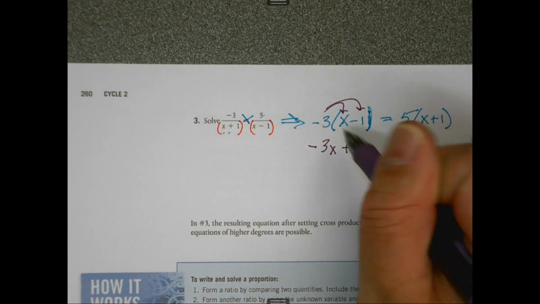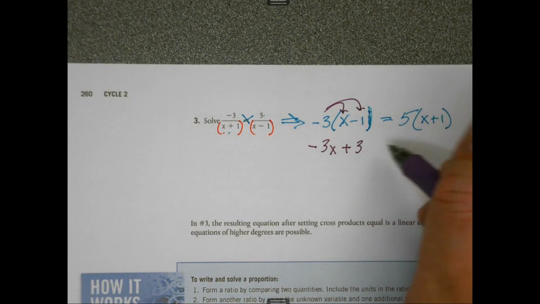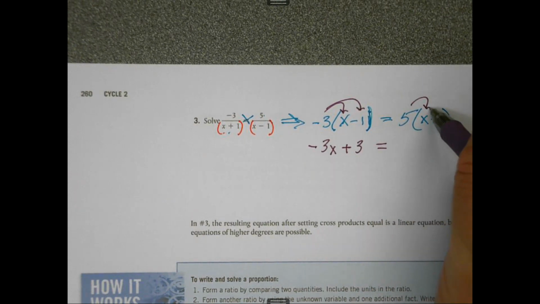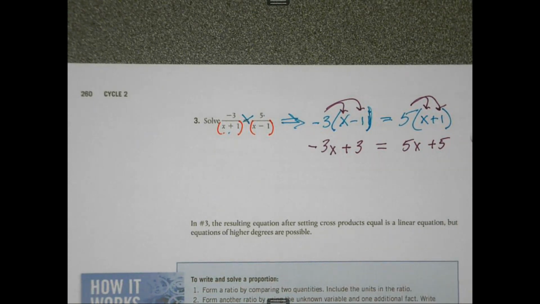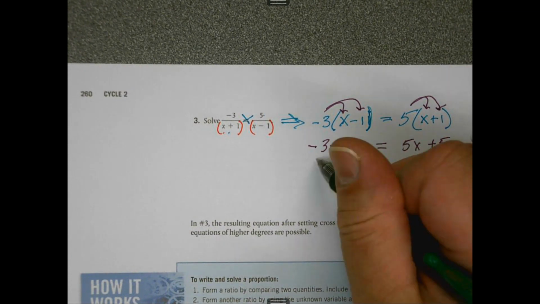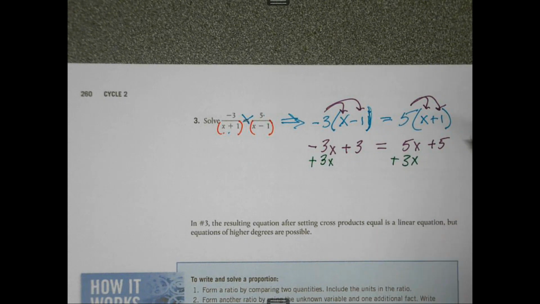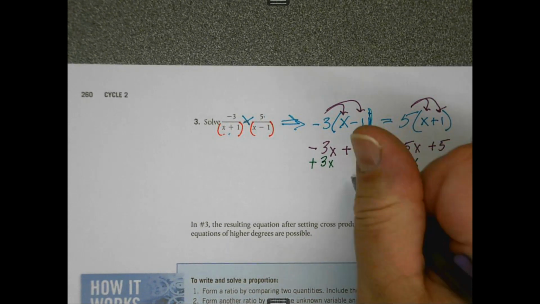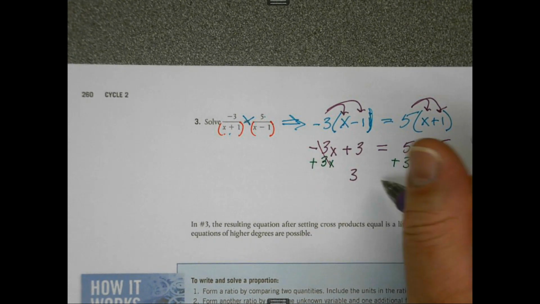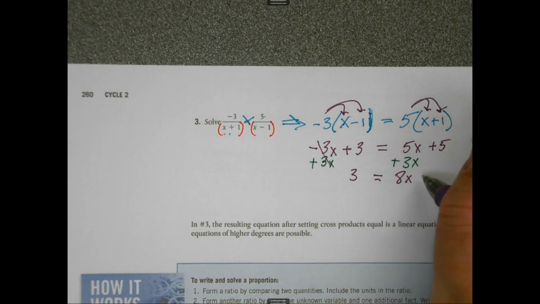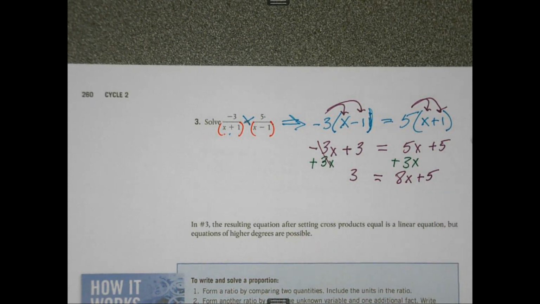Subtract 5. And I get negative 2 equals 8x. Divide both sides by the coefficient 8. Now, negative 2/8 is the same thing. We reduce it as negative 1/4.